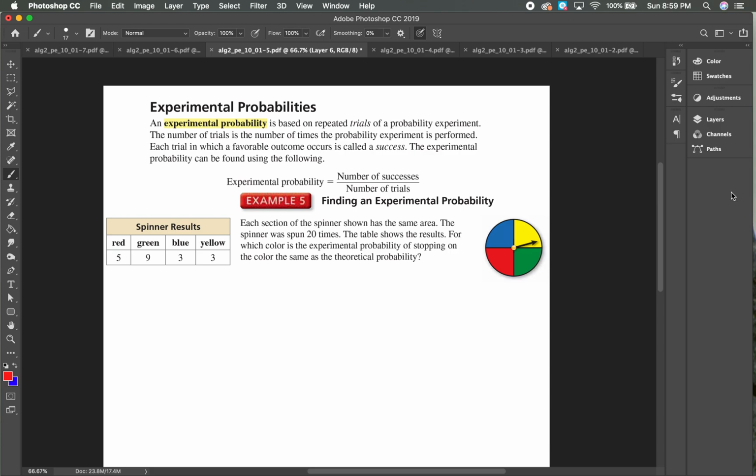The number of trials is the number of times the probability experiment is performed in total. Each trial in which a favorable outcome occurs is called a success. These types of words are important. Most often when I see experiment, I think of science, because that's really what science is. It is taking our theoretical probability and proving it in a way.